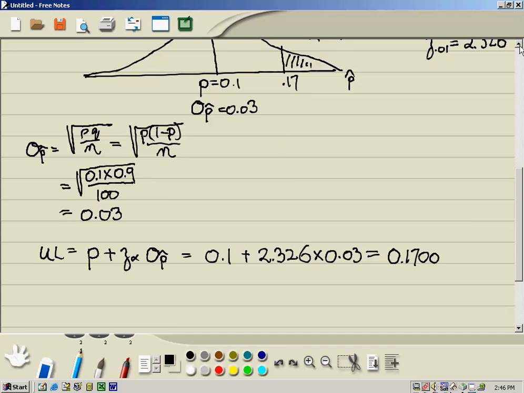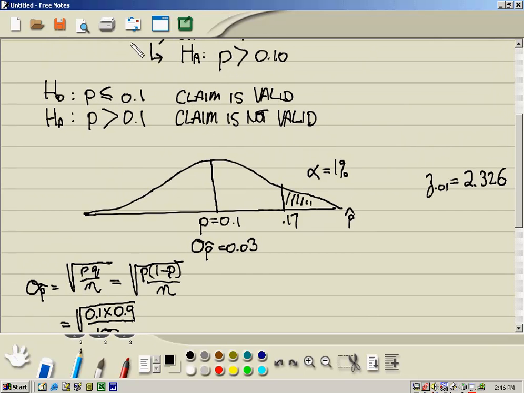So if the manufacturer's claim is valid, that the true proportion is at most 10%, then it's most likely that our sample proportions will be somewhere less than 17%.